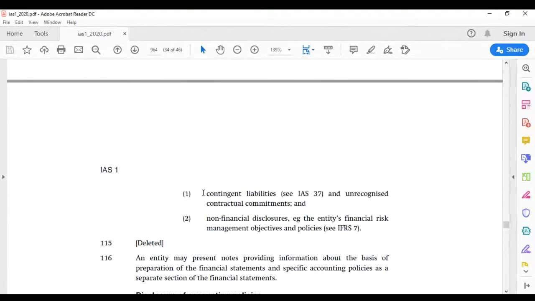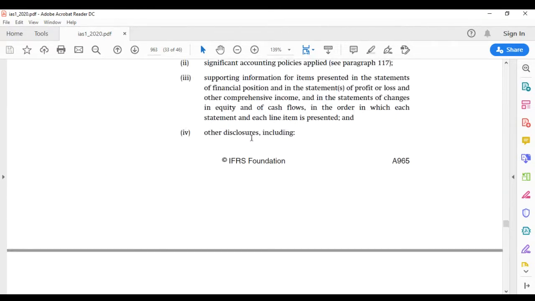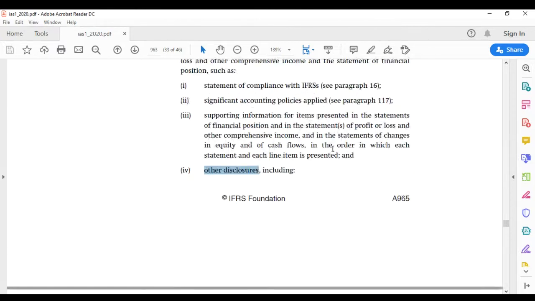And then, ladies and gentlemen, one other thing which they call other disclosures, and that is additional information such as contingent liabilities or unrecognized contractual commitments. What I want you to make a note of here is that it is other disclosures. So it's further information provided, but it is not information that you find in any of the other financial statements. Under this paragraph 3, it is supporting information for items already in the financial statements.